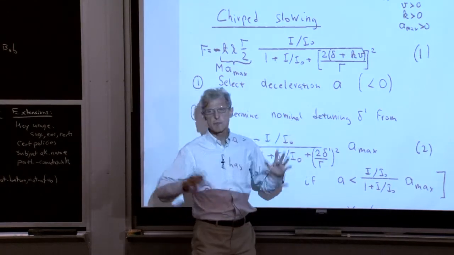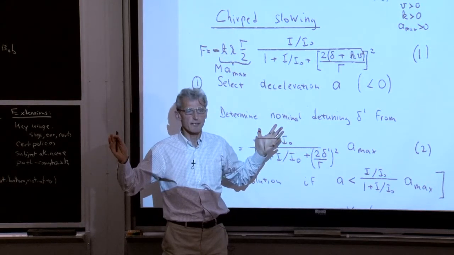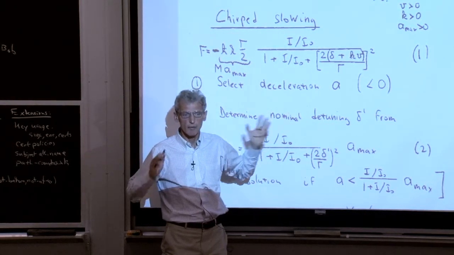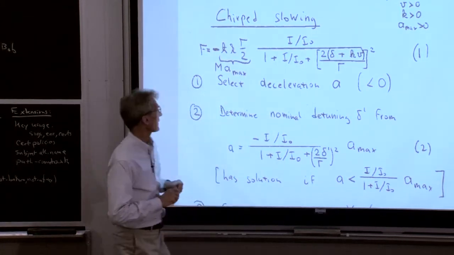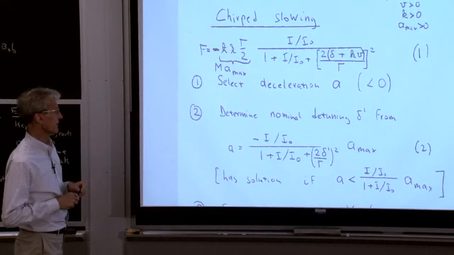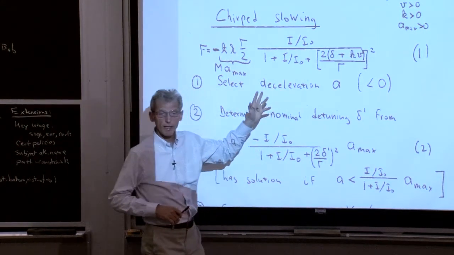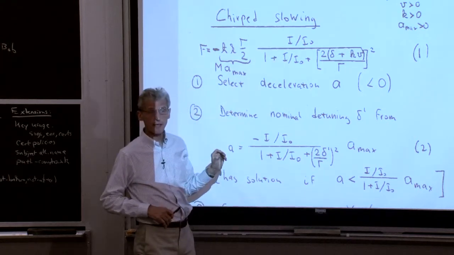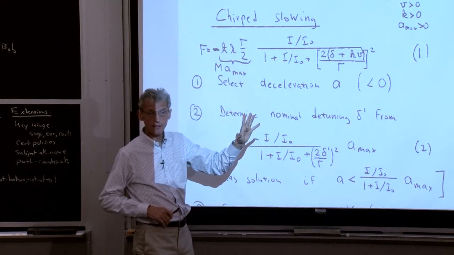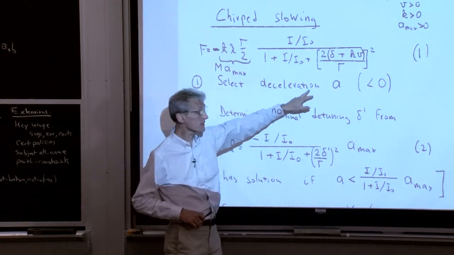Of course, if you pick A too large, so that it would require more than the maximum spontaneous light force, you will not find a solution. But let's simply assume we want to decelerate atoms with a deceleration A. Well, what happens is this deceleration A requires a certain force. If the intensity of the laser would provide more force on resonance, then it's not going to work because we want to decelerate the atoms at this deceleration.